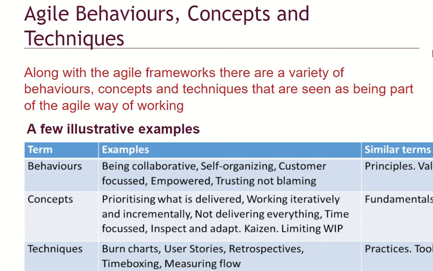Okay, what are the agile behavior, concepts and techniques? Remember we said that as far as agile is concerned, the first thing when you are defining agile is to use the manifesto. It helps you to conceive what the idea is. Secondly, is to understand what the behaviors are. How do you know that a particular project is using agile or using waterfall?